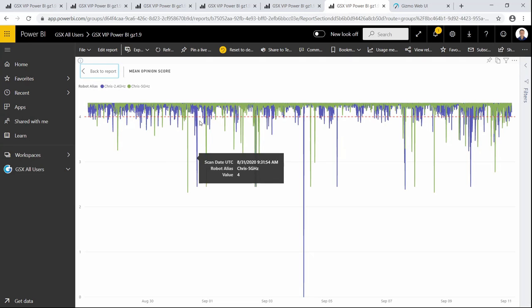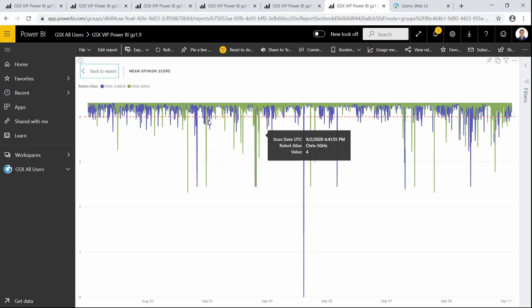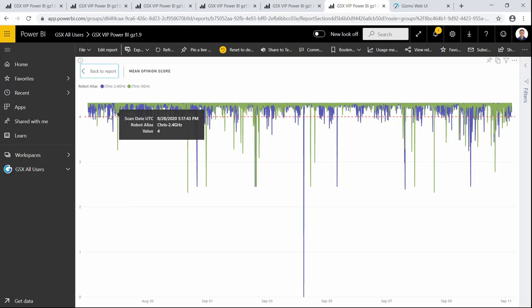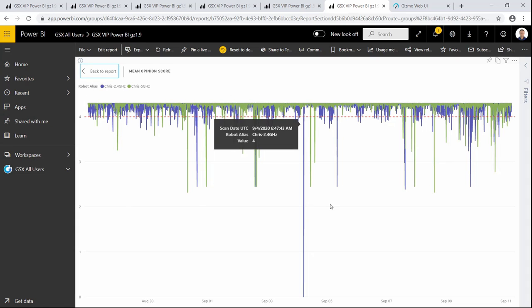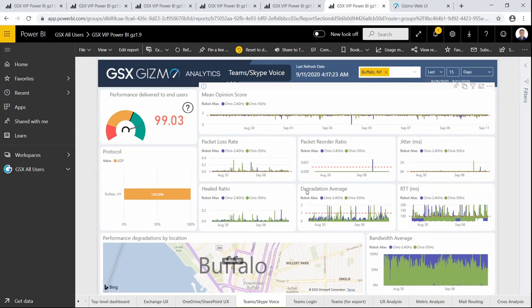But the 5 also has a lot of spikes. The blue seems a bit more constant. Maybe on average it's a little bit less good, but there are fewer spikes going down like that. So again, it really depends what you are looking for.